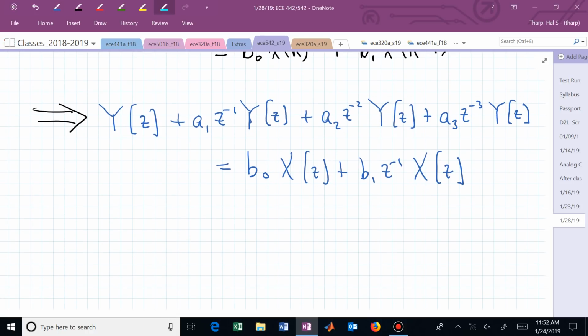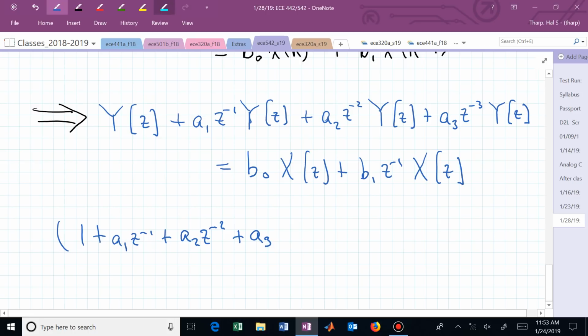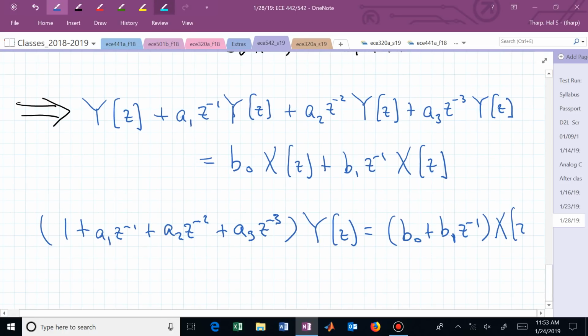We now have 1 plus a1 z to the minus 1 plus a sub 2 z to the minus 2 plus a sub 3 z to the minus 3, times Y of z, equal to b sub 0 plus b1 z to the minus 1, times capital X of z.